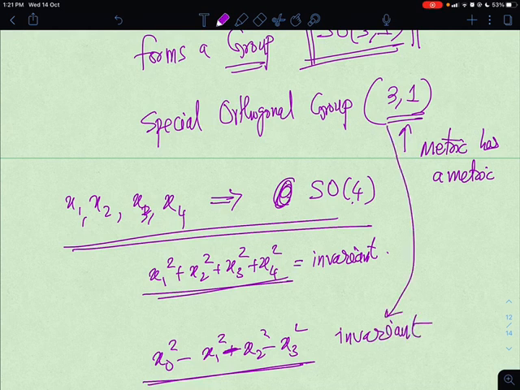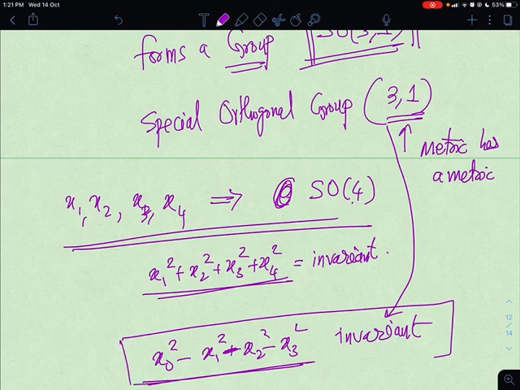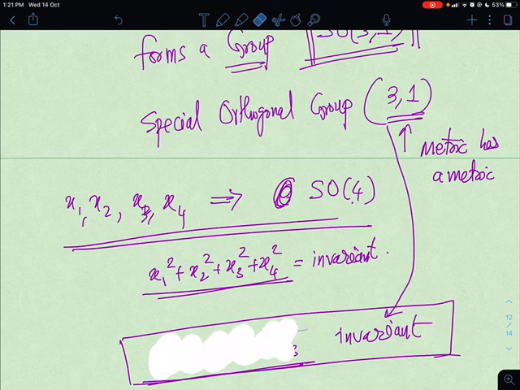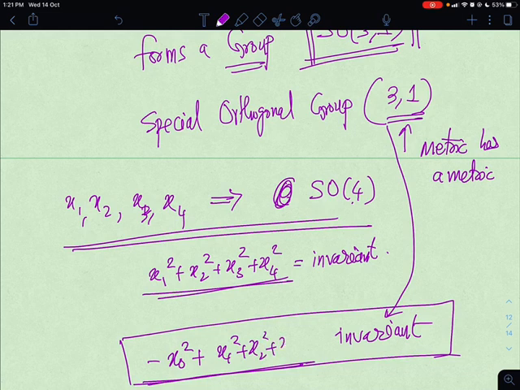So SO(3,1) will leave this metric signature invariant, or the way we are considering, minus x0 square plus x1 square plus x2 square.